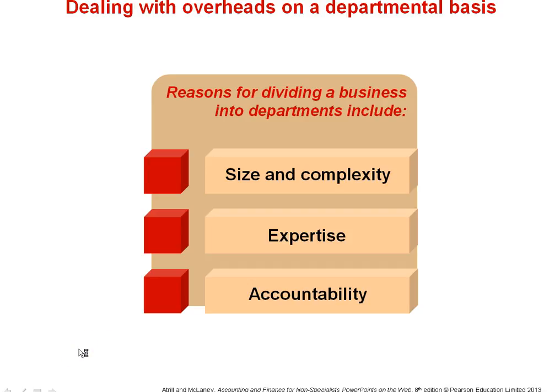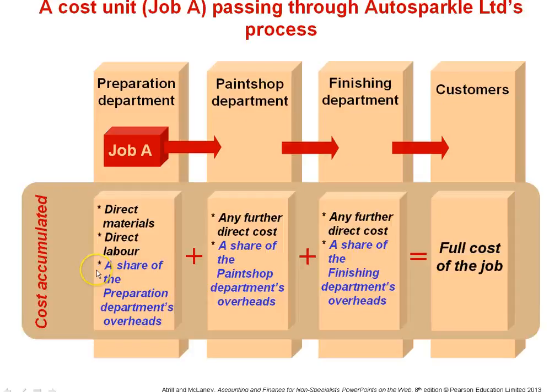So, reasons for dividing into departments: size and complexity of our costs, expertise. Dividing a business into departments. Well, yes, okay, size and complexity, expertise, and accountability, simply to manage a unit. I think that's reasonably straightforward.